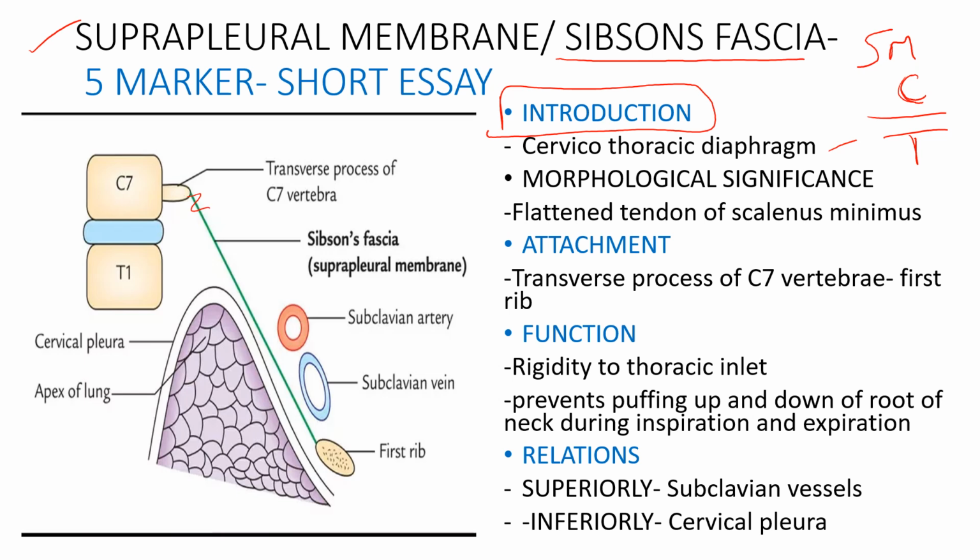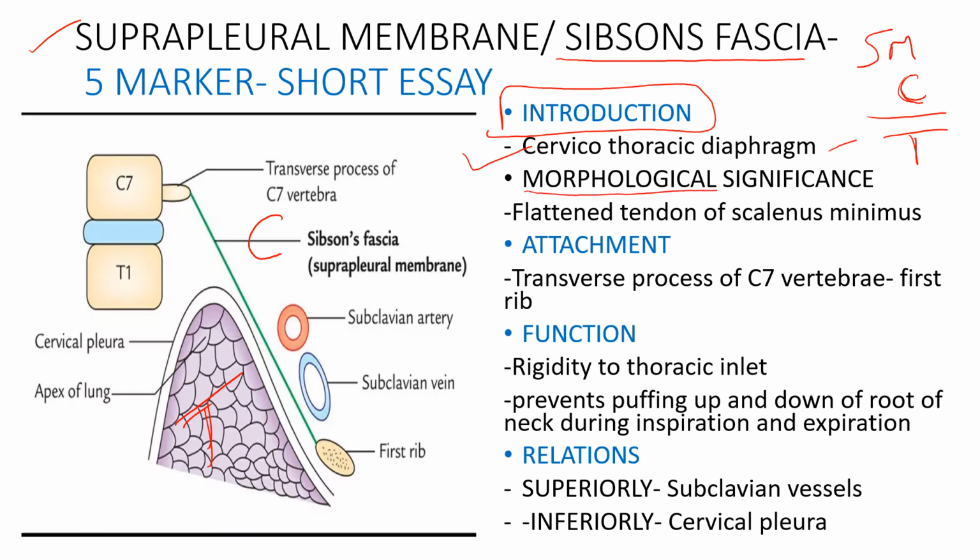What you're seeing in green color here is our suprapleural membrane, or Sibson's fascia. This acts as a diaphragm and separates the neck from the thorax. So in the introduction you will write that it is a cervicothoracic diaphragm.